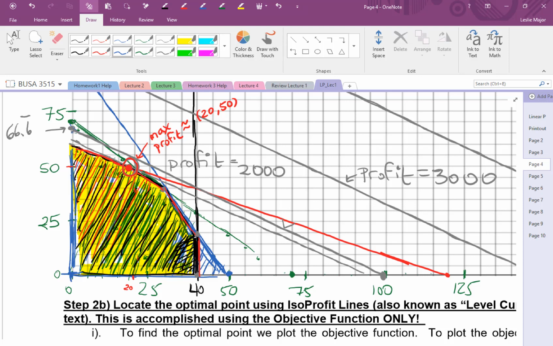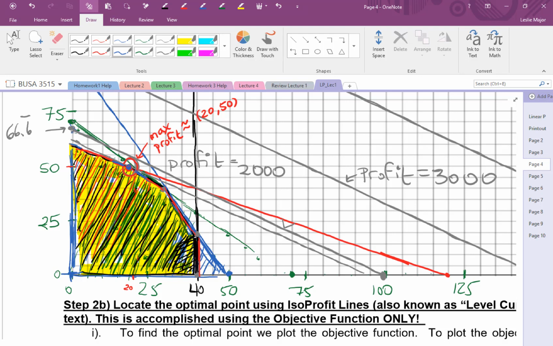Going back to our constraint graphs from before, we can figure out which lines were touching each other, and figure out the value of the point by determining which two constraints made up the boundaries of this edge of the area of feasibility. Okay, so let's go have a look and see which two those were.